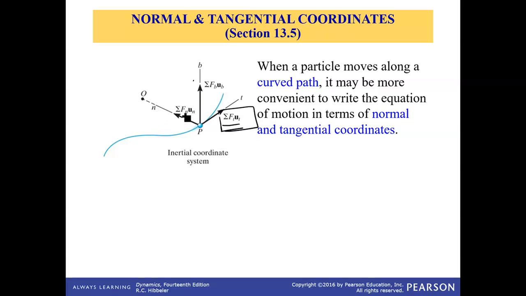It experiences normal acceleration, which is sigma Fn equal to m an, and this is sigma Fb. Now there is no acceleration along the binormal direction, so sigma Fb equals 0 for normal tangent coordinate system. The particle has motion only in a plane. It does not move up and down in the curvature. It's not a three-dimensional curvature motion, it's a two-dimensional curvature motion. The sum of forces in binormal direction is 0.